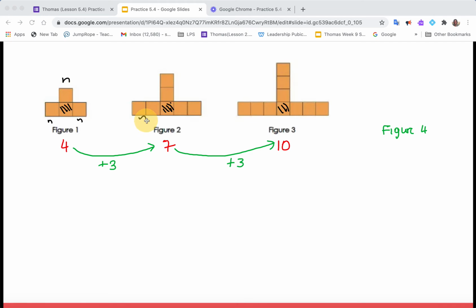This is n right here, n right here, n right here, n, n. Okay, so for me to draw figure 4, I would add 3 extra squares each time, because that's what I'm noticing.